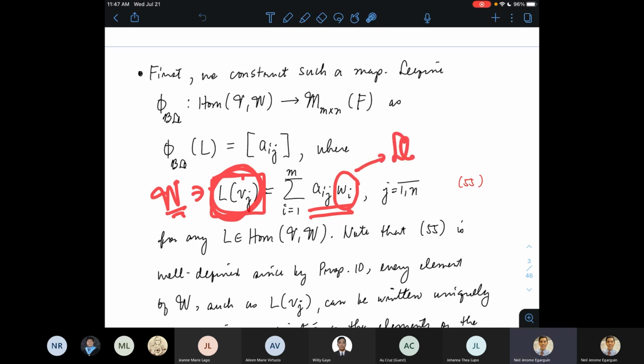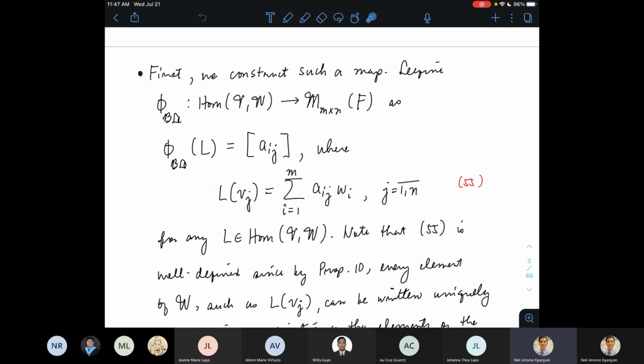Yung mga Wi's element siya ng basis ni W. So that means this representation is unique, and to get the entries in my matrix, the ijth entry, the entry on the ith row and jth column of the matrix representation for L would consist of the ith scalar in the expansion of the image of Vj with respect to the basis elements Wi.